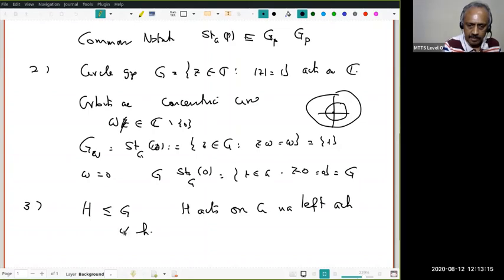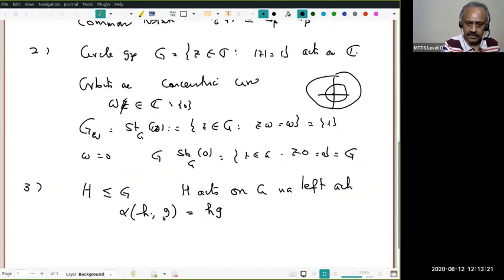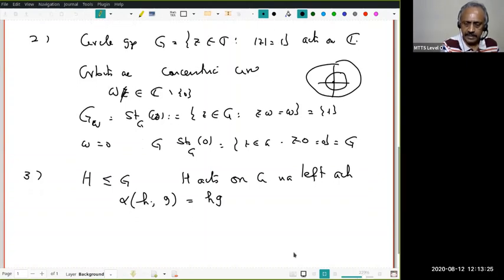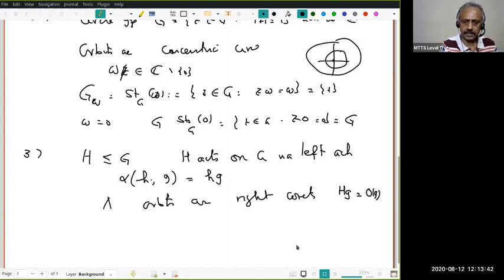The action of h on g is h times g, where h and g are elements of G, therefore it makes sense as a product. Again we know the orbits. Orbits are right cosets, Hg. This is the orbit of g. Good. Now what is the stabilizer?